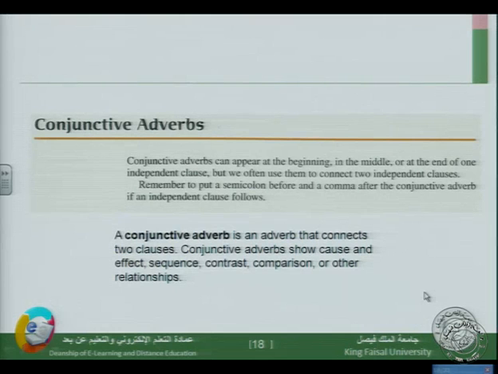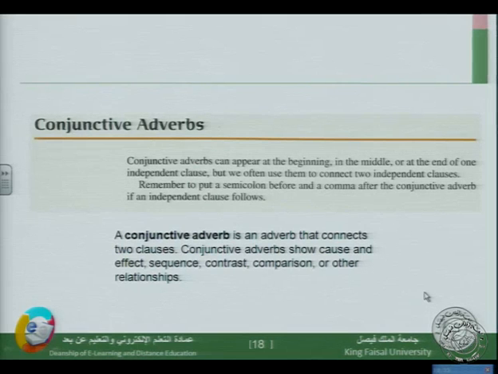Conjunctive adverbs. Conjunctive adverbs can appear at the beginning, in the middle, or at the end of an independent clause. It must be an independent clause. We often use them to connect two independent clauses. Remember to put a semicolon before and a comma after the conjunctive adverb if an independent clause follows. So if it is attached to an independent clause, we must put a semicolon before and a comma after.